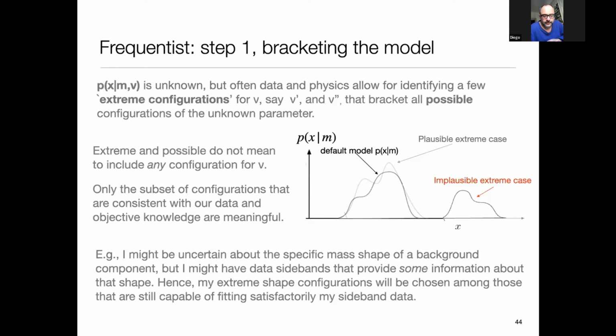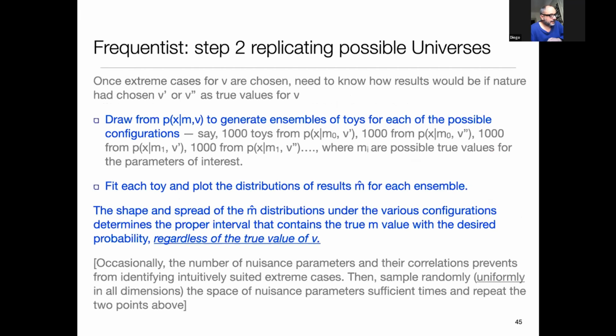So this is easier to be told in words than to be done. And in these slides here, which I'm not going to describe in detail now, you have hopefully a clearer explanation on how you do it in practice.